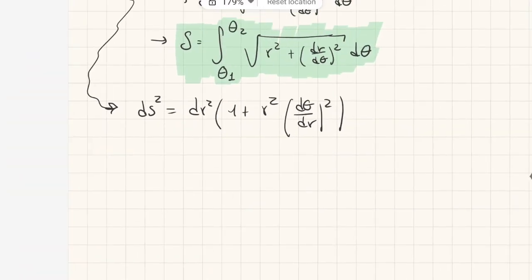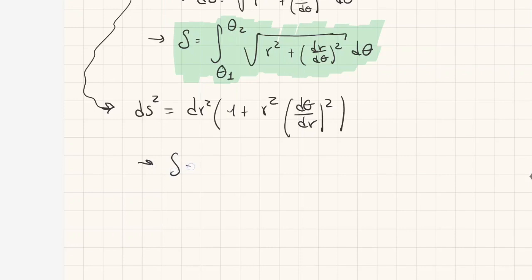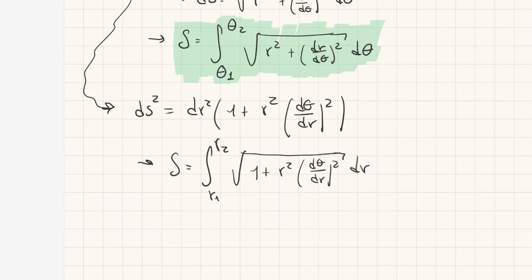So following the same steps, we will get that s is equal to the integral from an initial radius r1 to a final radius r2 of the square root of 1 plus r squared times the derivative of theta with respect to r squared, and then dr, right?